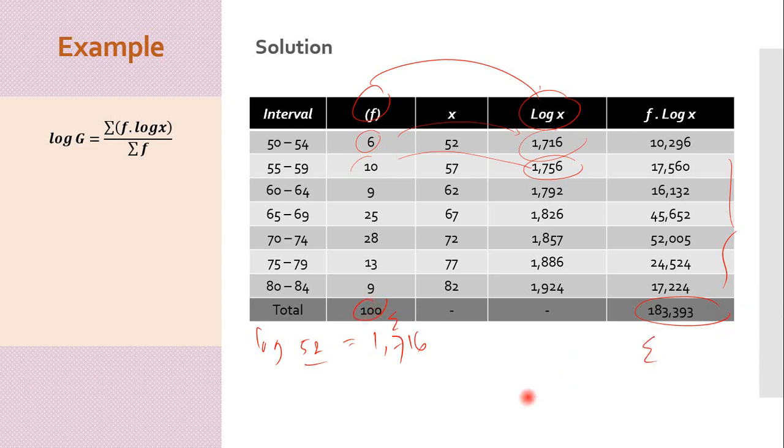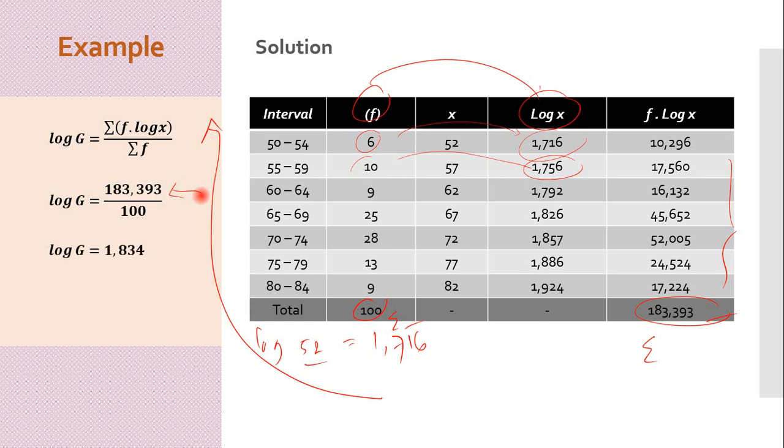Then we go to the formula to calculate the geometric mean. This is the final step. Put this value in this formula until you get this value. Log G equals 1.834.